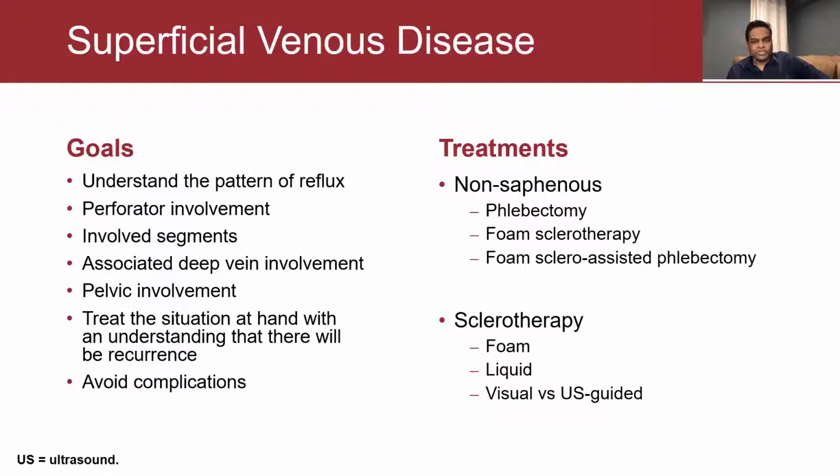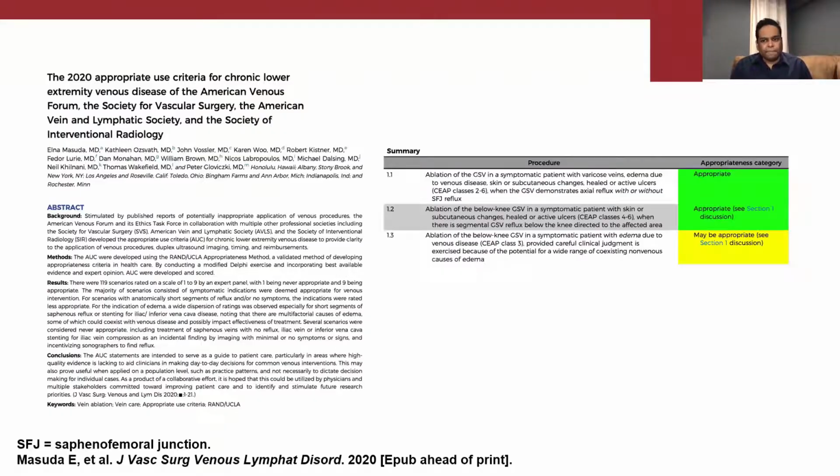The treatments, as I said, axial vein treatments are thermal and non-thermal ablations, while non-saphenous treatments include phlebectomy, foam sclerotherapy, and foam sclerotherapy assisted phlebectomy. Sclerotherapy could be done in multiple forms, such as foam, liquid, visual, and ultrasound-guided treatments.